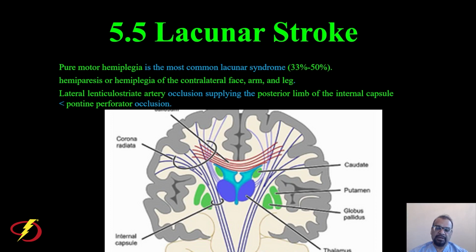And this is caused by an occlusion of the lateral lenticulostriate arteries supplying the posterior limb of the internal capsule. Now, why does this matter? Well, we discussed this earlier. Remember this gray matter? All the cell bodies of the brain cells live in this gray matter. Their axons transmit down into the brainstem or spinal cord, and they converge in this white matter tract within the internal capsule.